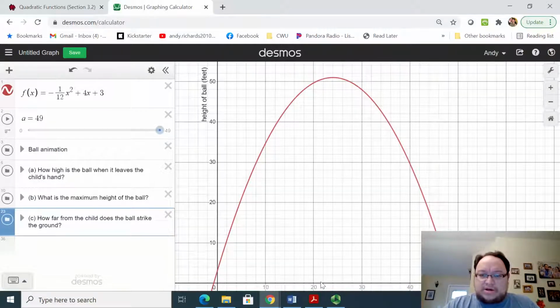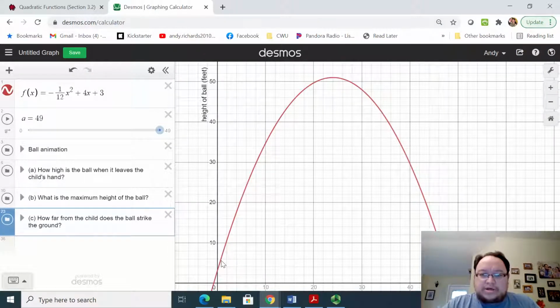Our horizontal axis is always going to be the distance that the ball has been thrown. So as we move along here, this 10 represents when the ball is 10 feet away from the child after it's been thrown. And then the vertical axis is going to represent the height of the ball at that time.